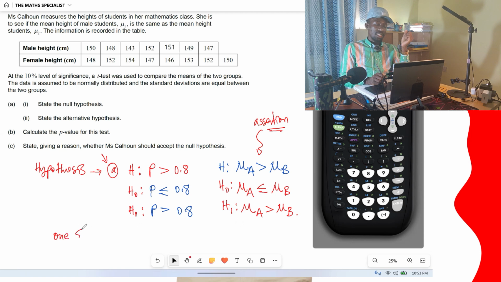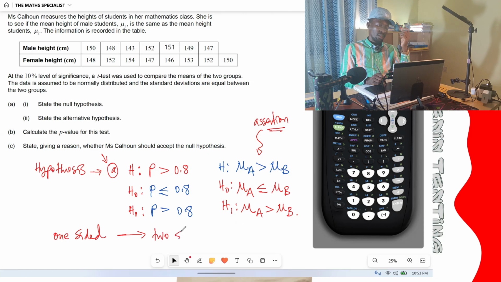Also, the hypothesis can be one-sided, and also the hypothesis can be two-sided. The two-sided is where we have two sample tests, two sample t-tests, two sample F-tests, and one-sided hypothesis.